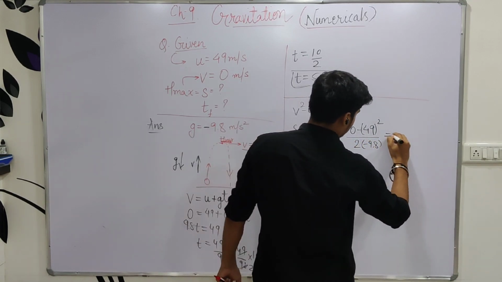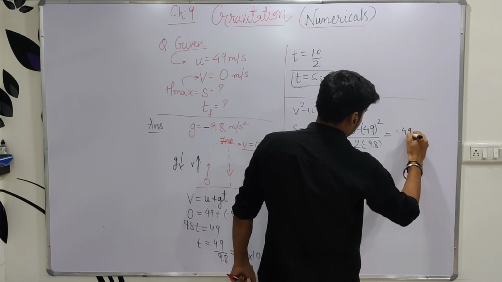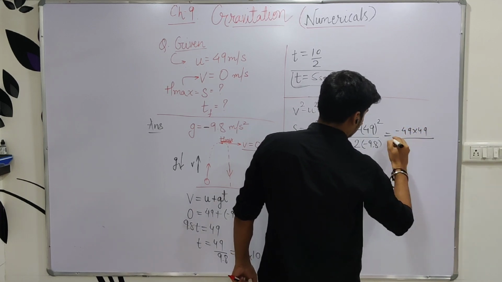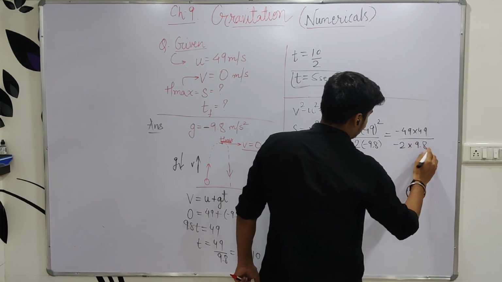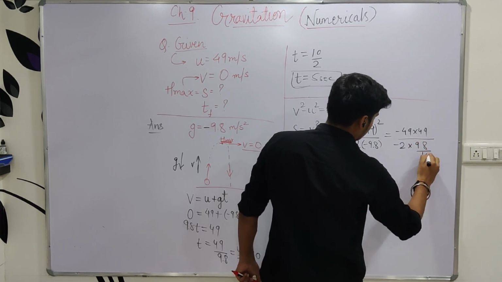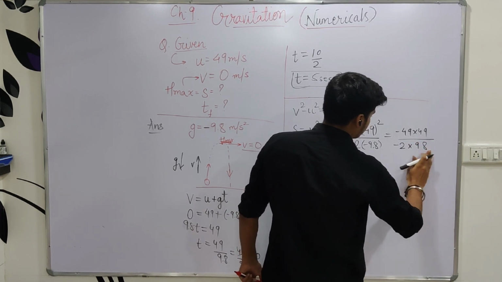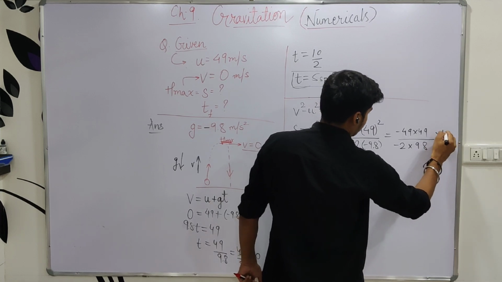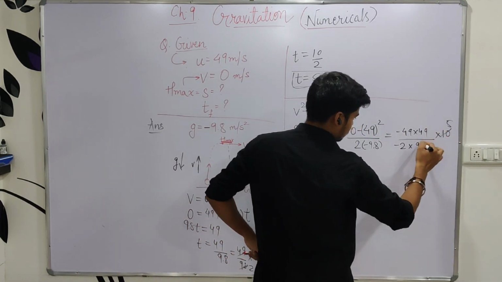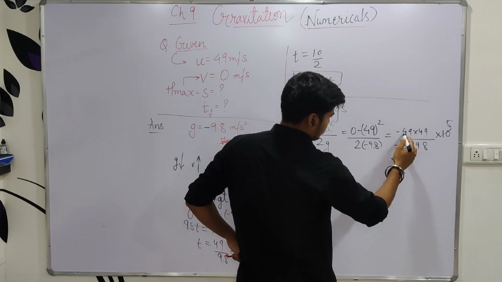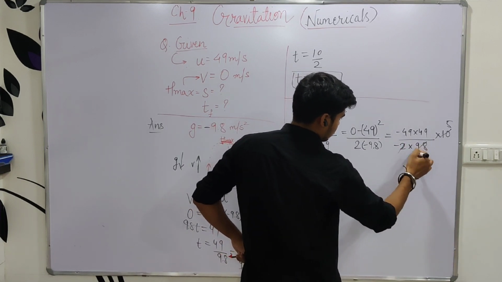Okay, here I will get minus 49 square, which is 49 into 49, upon minus 2 into 9.8, which is equal to 98 by 10, and the 10 goes to the numerator like this. 2 5s are 10, 49 2s are 98.